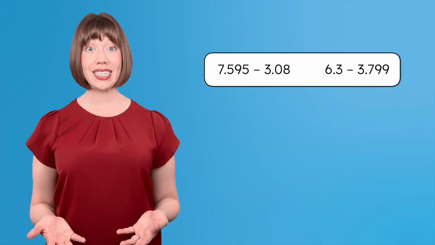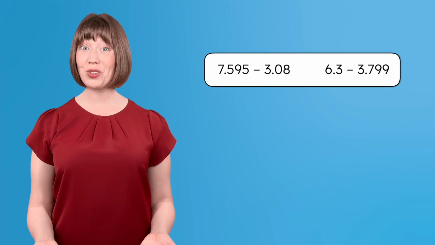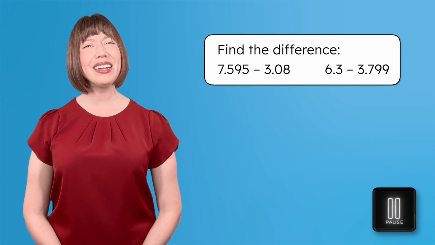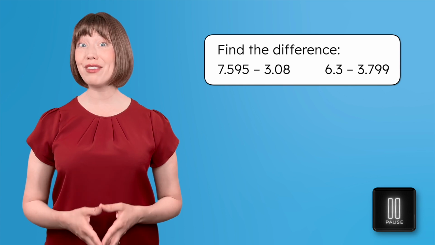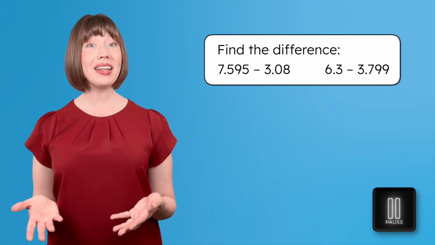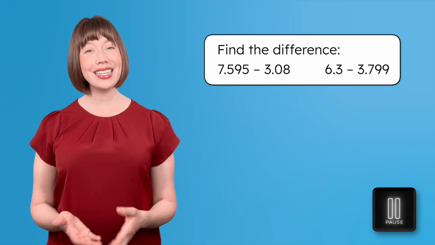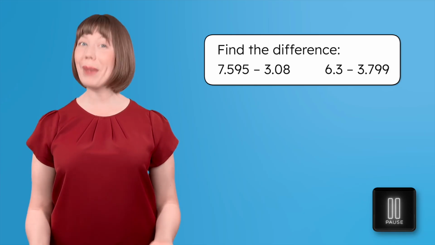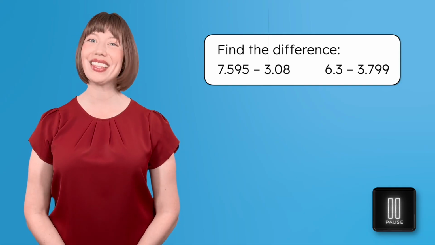Now that we're warmed up, let's subtract decimals that end in different place values, like the one in our challenge. Pause again to find the difference between 7 and 595 thousandths minus 3 and 8 hundredths, as well as 6 and 3 tenths minus 3 and 799 thousandths.